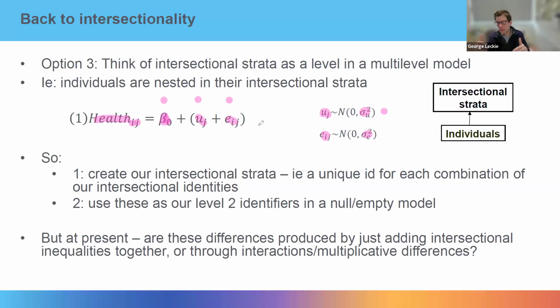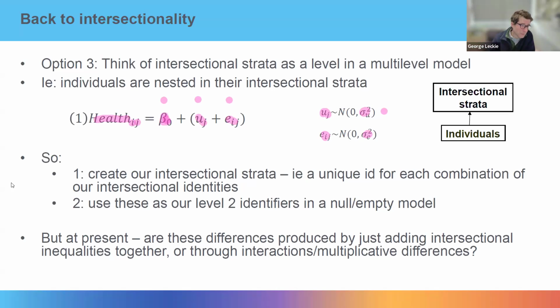That in general, females have higher health. In general, people of lower education have lower health, these additive main effects. Versus, to what extent are there interactions between social identities? So what's the relative importance of additive risk factors versus non-additive interaction effects in explaining the inequalities?